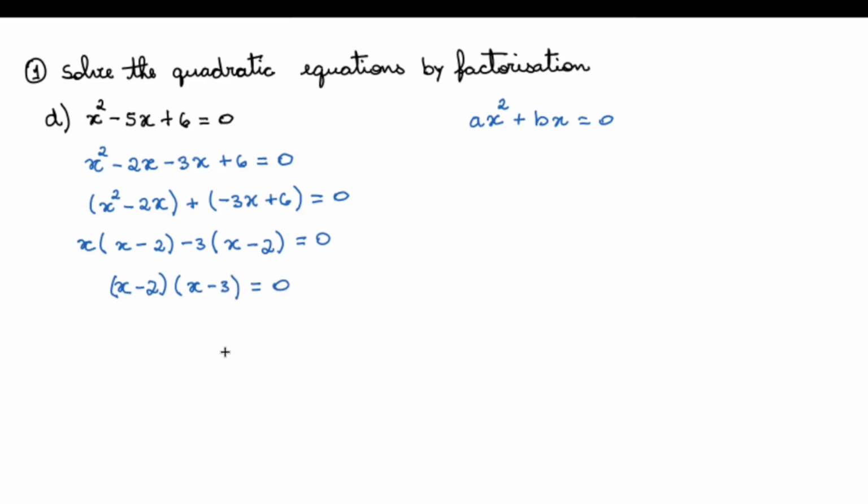So this is the factored form of the equation x² minus 5x plus 6 equals 0.